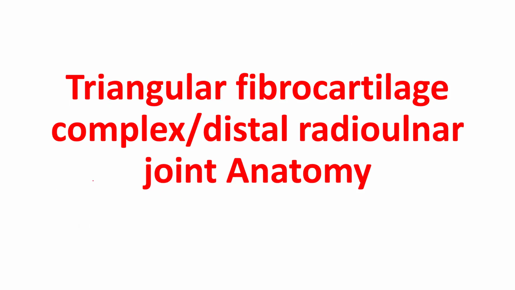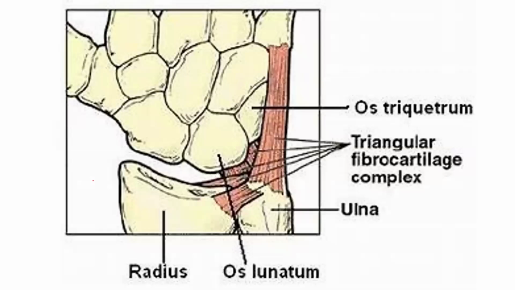Now we come to a topic which is of interest to all, the triangular fibrocartilage. At the same time, we will be discussing the distal radio-ulnar joint anatomy. Now, look at this slide.